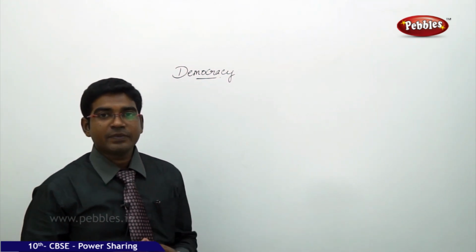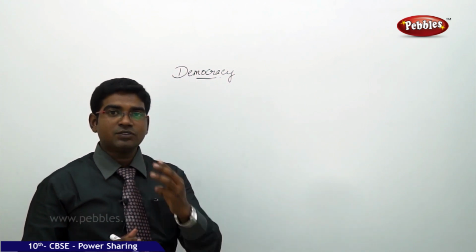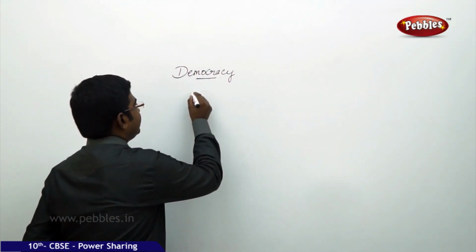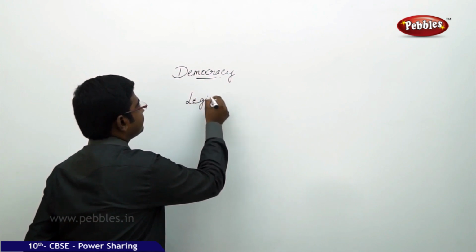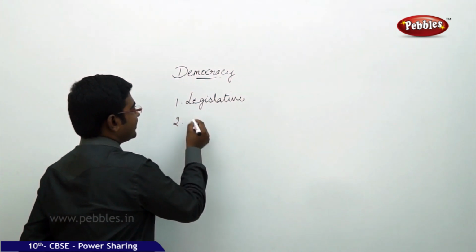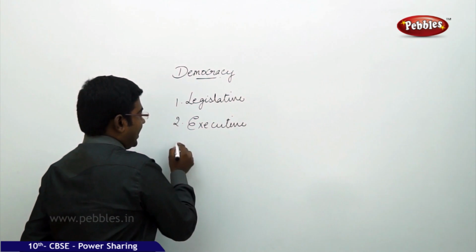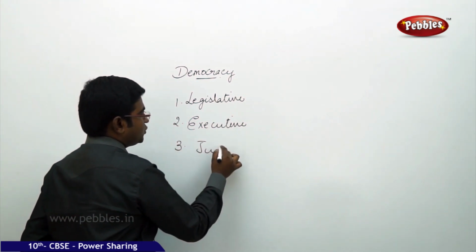We all know that democracy is the sharing of power between the 3 major organs: the legislative, the next is the executive, and the third one is the judiciary.